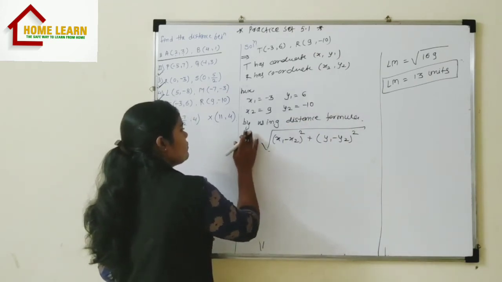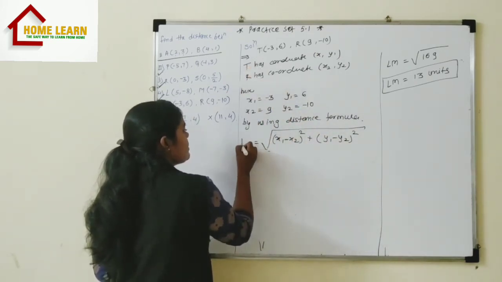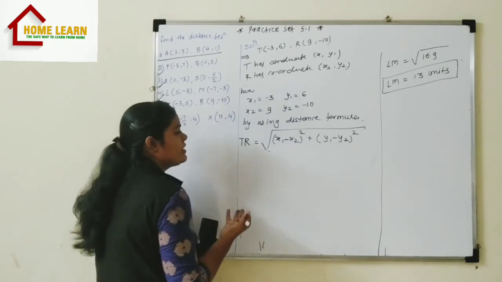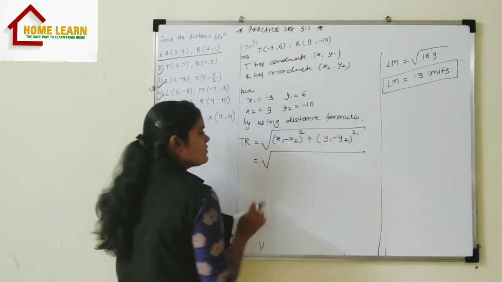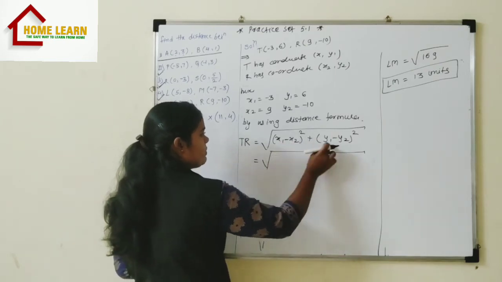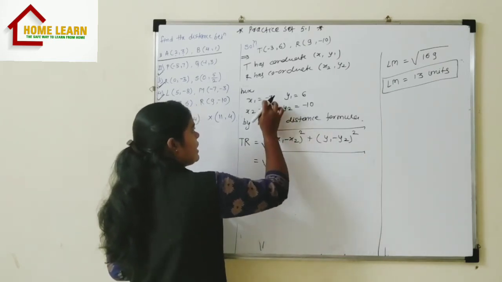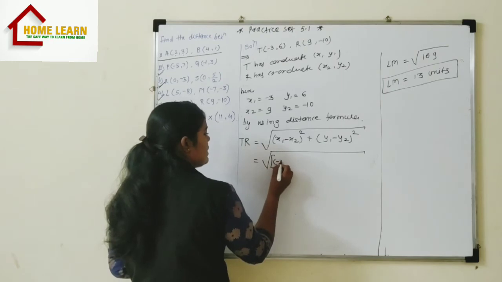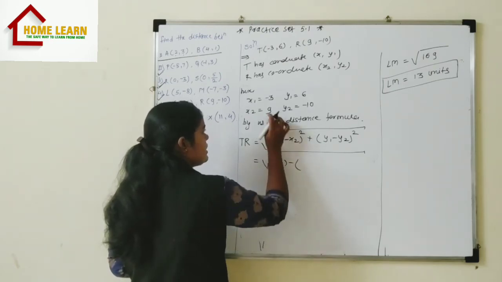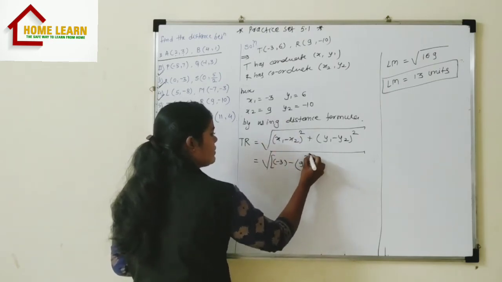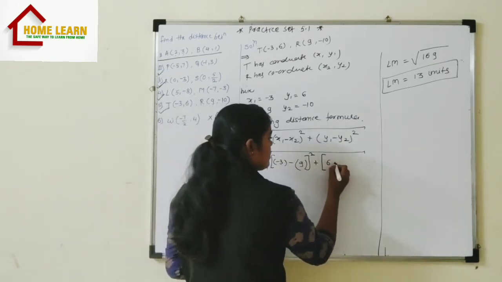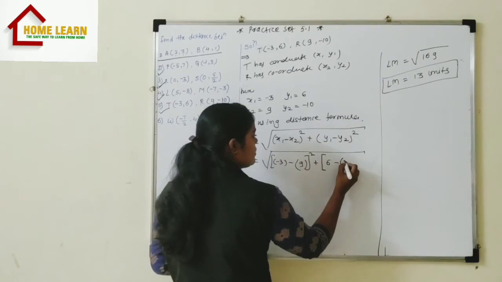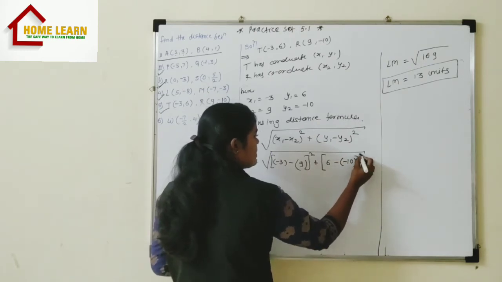Let's find the distance between points T and R, that is TR, by using the distance formula. Keep the values in the distance formula: (x1 minus x2) squared plus (y1 minus y2) squared. Here x1 is -3, x2 is 9, squared, plus y1 is 6 minus y2 is -10, squared.